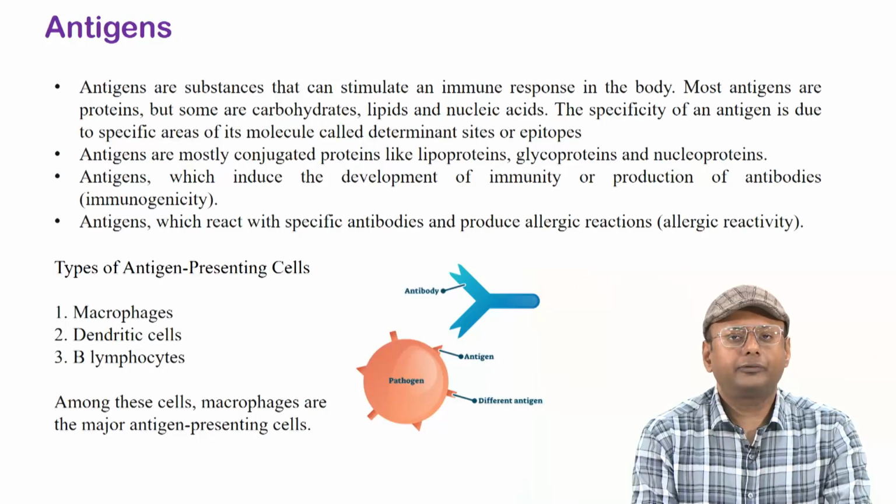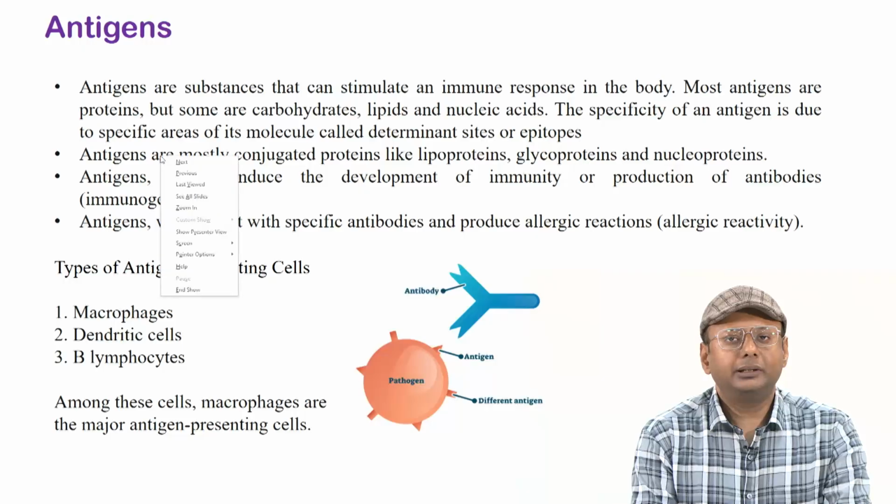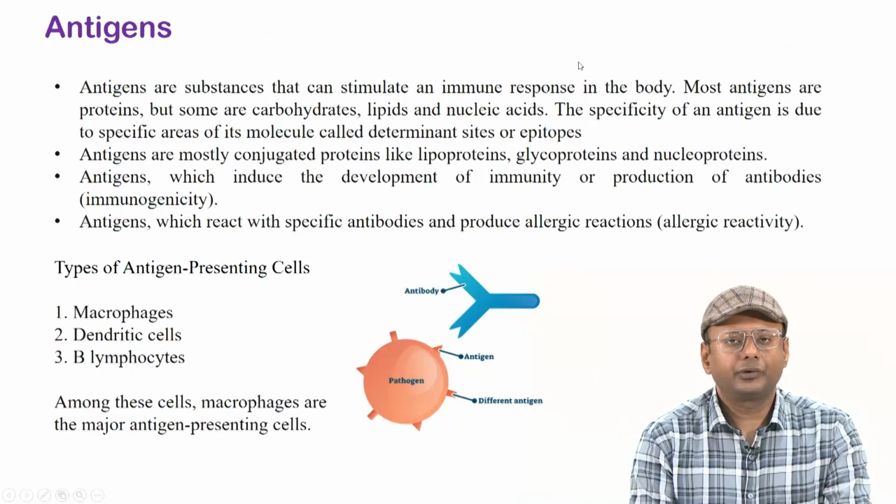To start with, we first have to understand what immunity actually is and why the immune system works in our body. Before that, let us first discuss what an antigen is. An antigen is a type of substance that can stimulate an immune response in our body, and it can be any foreign particle or foreign object.